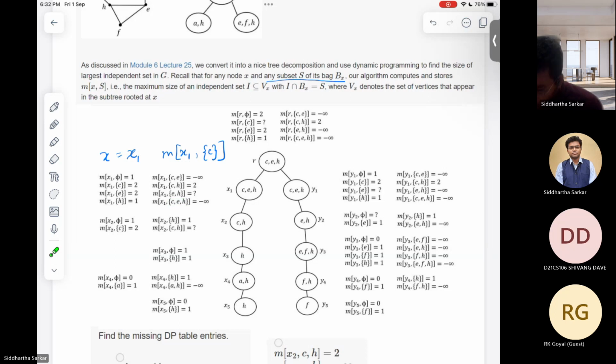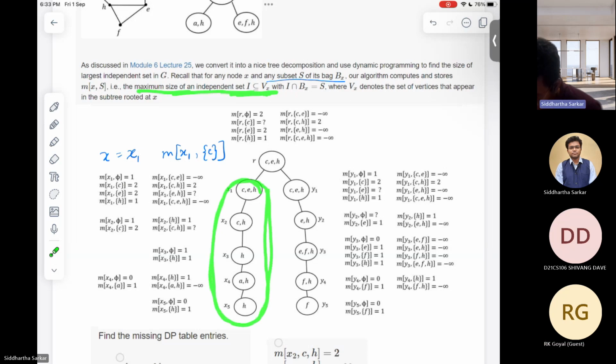So for every node and every subset of the contents of that node's bag, there is one table entry, right? So what is the table entry denoting? This table entry is nothing but the maximum size of an independent set of the vertices in Vx, that means of the vertices that are here in the subtree rooted at x1.